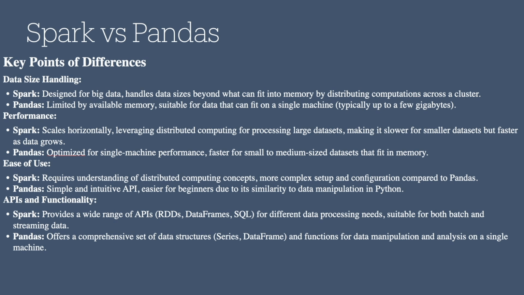It also includes additional libraries like Spark Streaming for real-time data processing, and MLlib for machine learning and GraphX, as I already talked about earlier. All these features, libraries and functionalities you can use on multiple nodes. So these are the APIs and functionalities differences between Pandas and Spark.